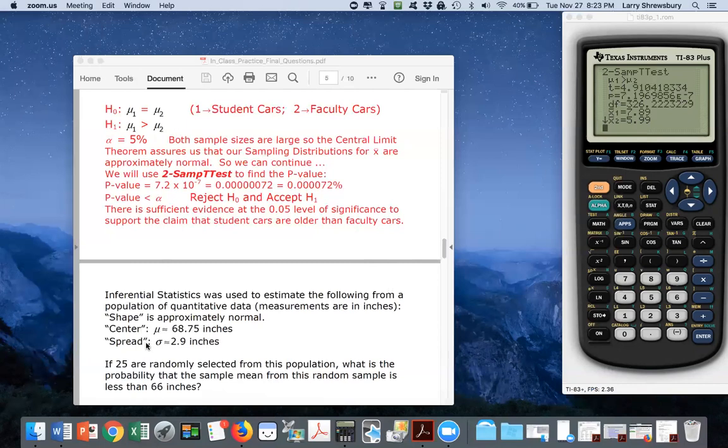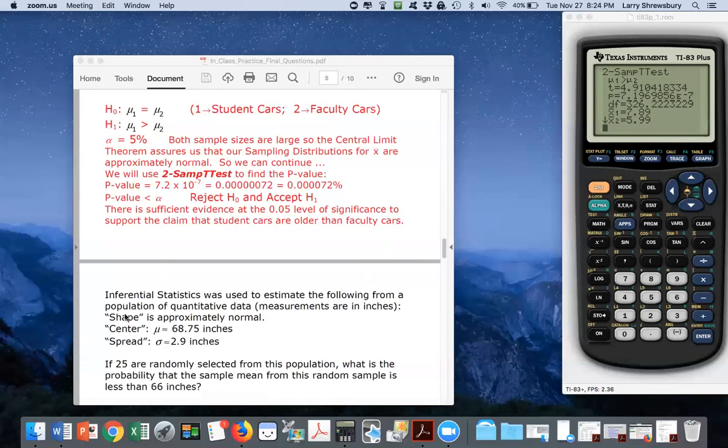And once I know those three things, this is what you learned in the middle of the class. Hey, I can find probabilities. Because in order to calculate a probability, you kind of need to know everything about the population, don't you?